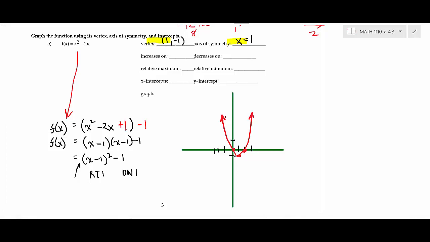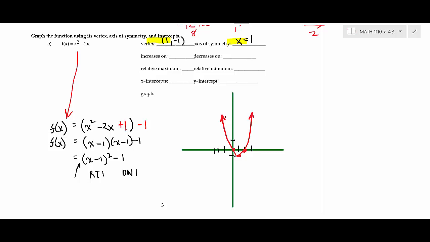Now we're going to go back to things we've talked about before. Where is the function increasing? From where to where? Remember, you use x values when you do that. From there to infinity, you're increasing. How about decreasing? Way over there, negative infinity, until you get to 1.